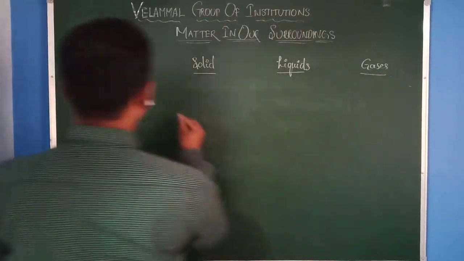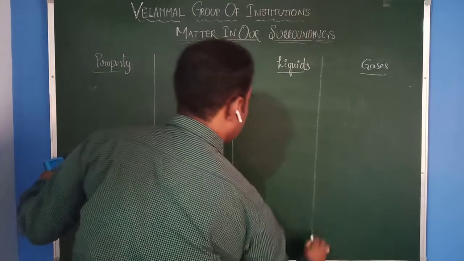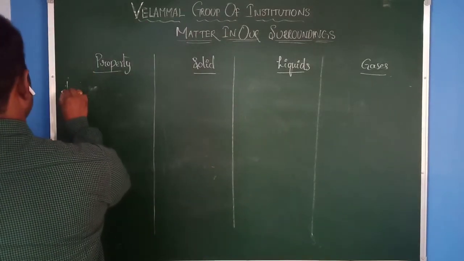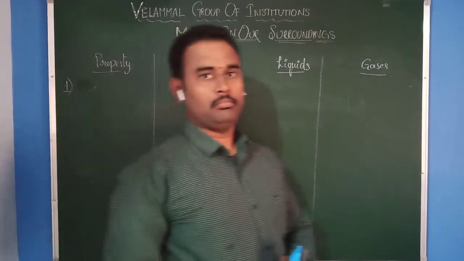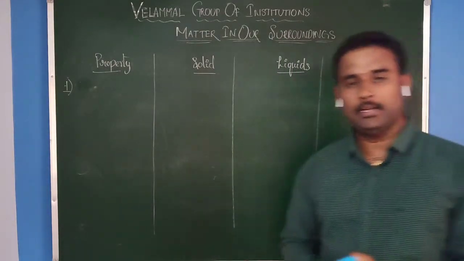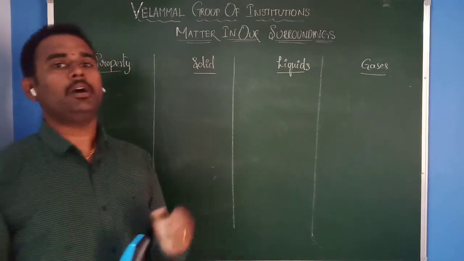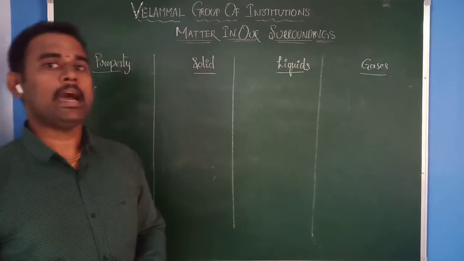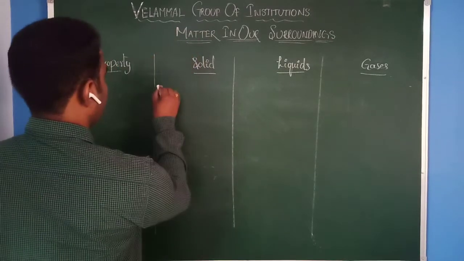Let us compare each and every property of solids, liquids and gases. The first one: how can we identify a solid state, a liquid state and a gaseous state of matter? When you observe any solid, it exists in definite shape and definite volume.